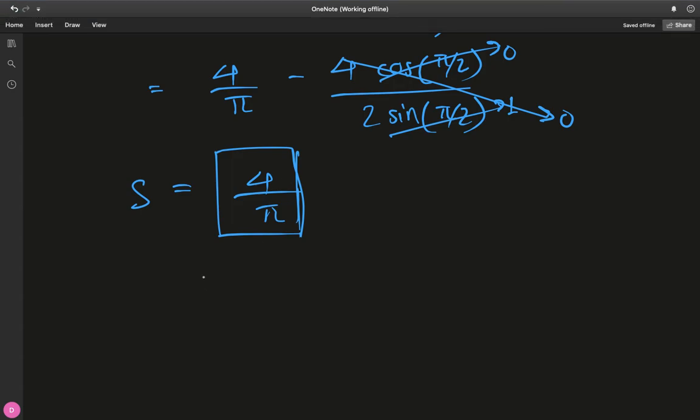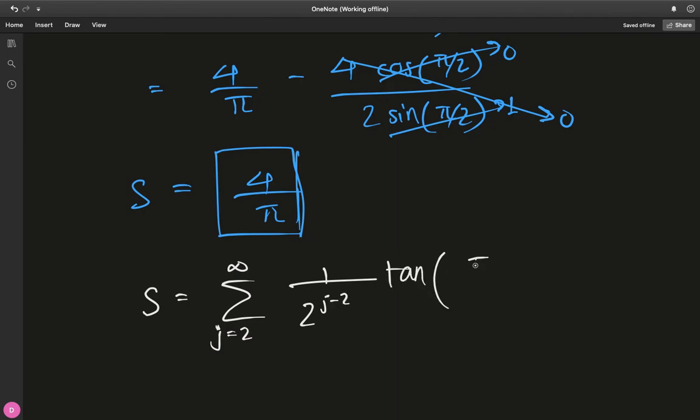Now, if you want to write everything down, just for old times' sake, for drawing a conclusion, we had a sum S from j equals 2 to infinity, an infinite sum basically, of 1 over 2 to the j minus 2 times the tangent of pi over 2 to the j power.